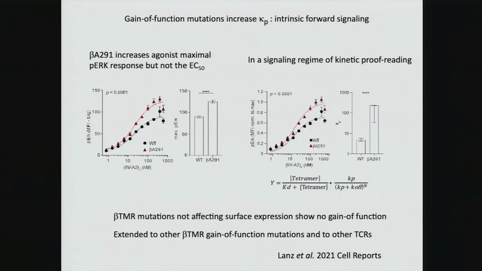Of course, we are not going to show to you, but there were other mutations around the tyrosine. Actually, were increasing, and also we extended to other receptors because a reviewer said that because we had worked only on a receptor which was anti-tumor receptor, we had to show it also for other receptors which were antiviral receptors.